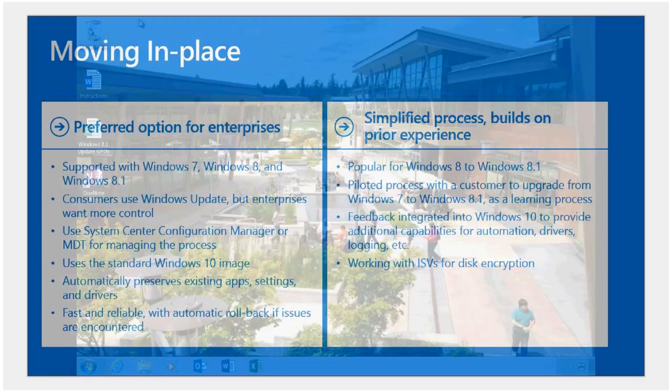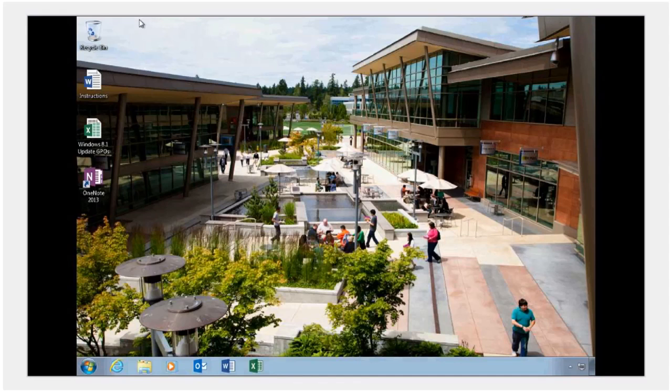So let's just quickly look at the process of going from a Windows 7 machine to Windows 10, in this case using System Center Configuration Manager. So we would start off in the Windows 7 operating system and target a task sequence to the machine. So we would push this out to an existing device.